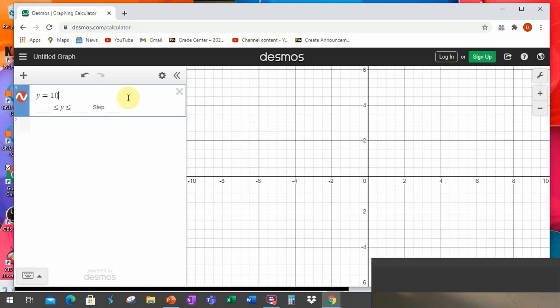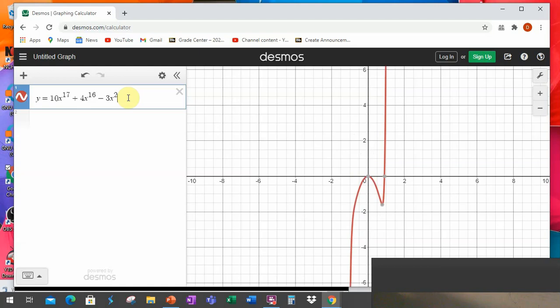So I'm just going to type this in real quick of what I had. I had 10x to the 17th plus 4x to the 16th minus 3x squared plus 1.